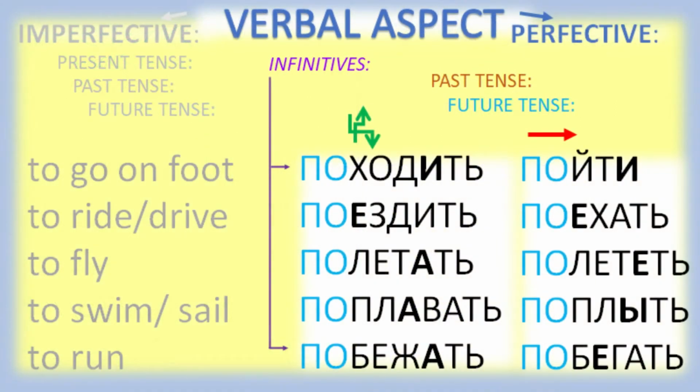There is also a perfective form prefixed with по-, which also comes in pairs. The multidirectional verb походить and the unidirectional verb пойти, to go on foot or to walk. Поездить, поехать, to ride or to drive.